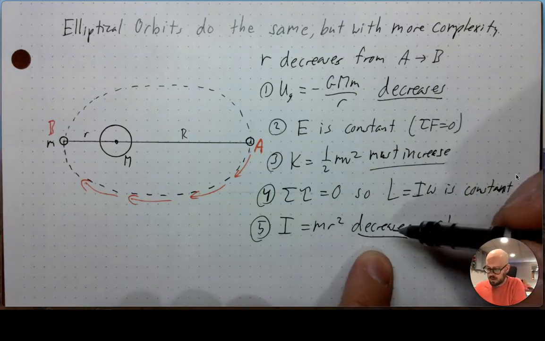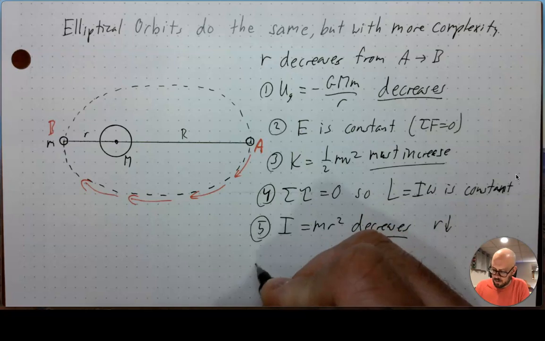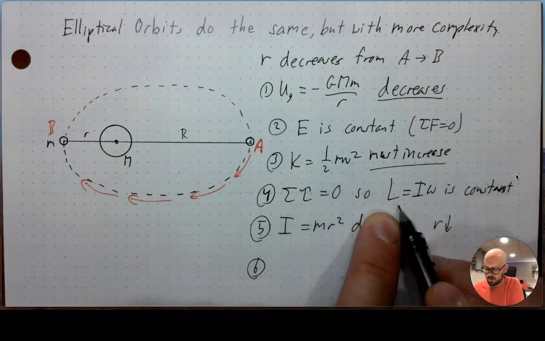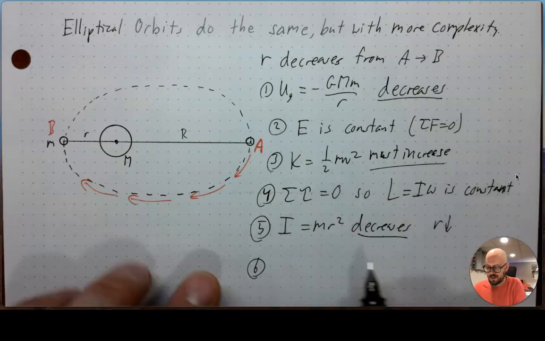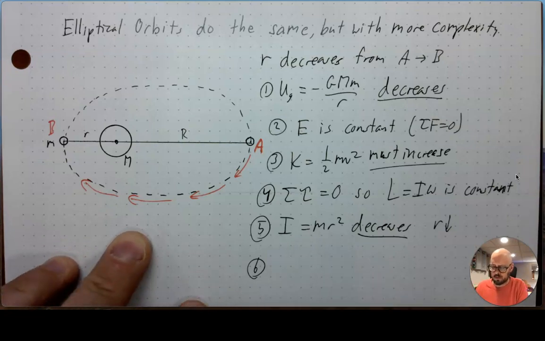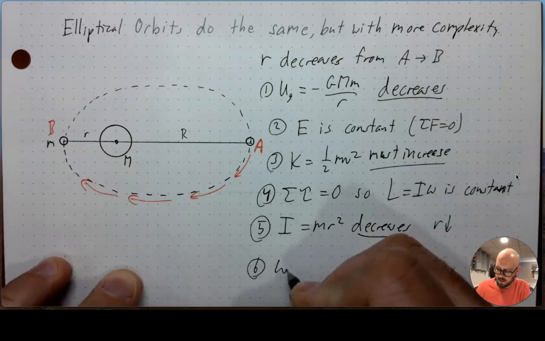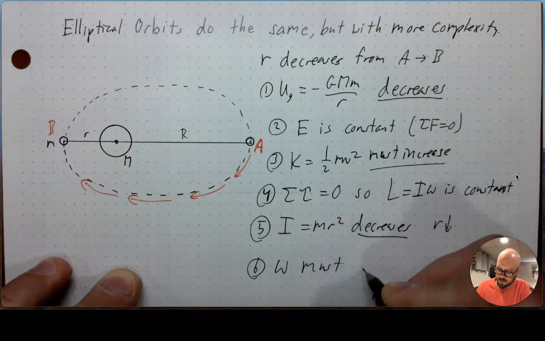Well, the last thing we can say having to do with angular momentum is if we know that the angular momentum is constant and we know that the rotational inertia decreases, then the angular velocity must increase.